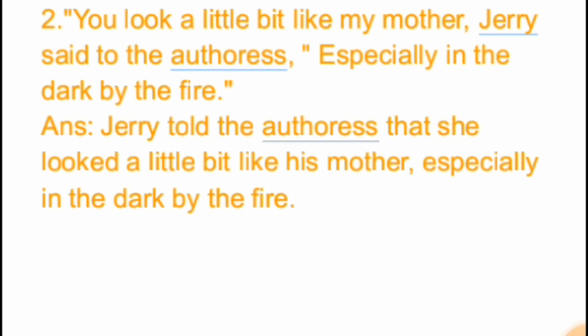That's why we can write, Jerry told the authoress that she looked a little bit like his mother, and the added portion would be written here, especially in the dark by the fire. This way we can bring the reporting verb in the beginning of an indirect narration.